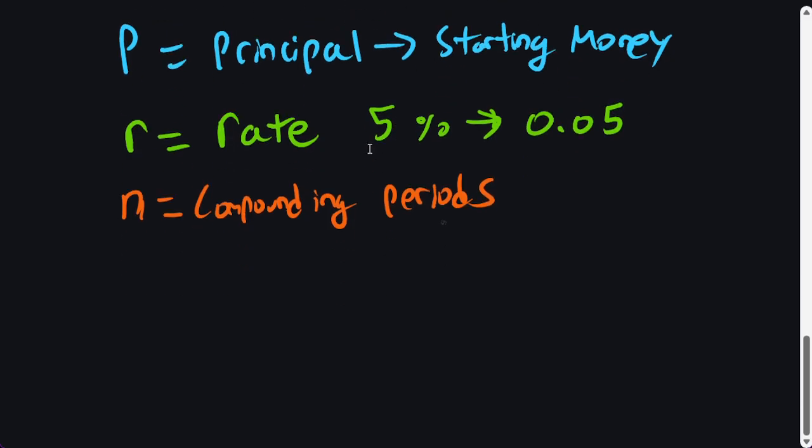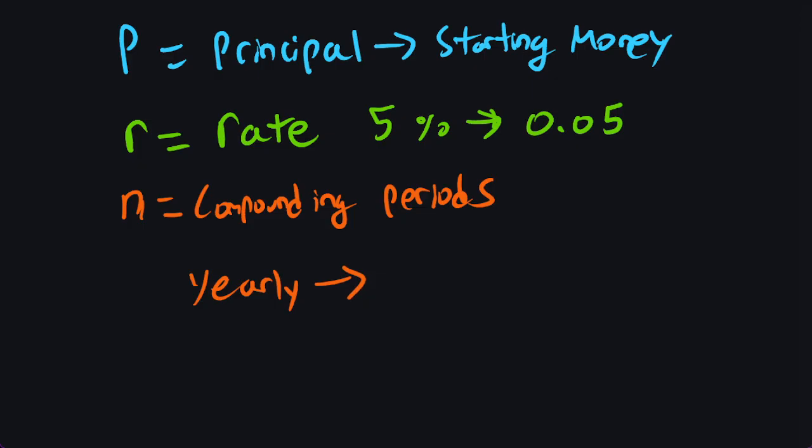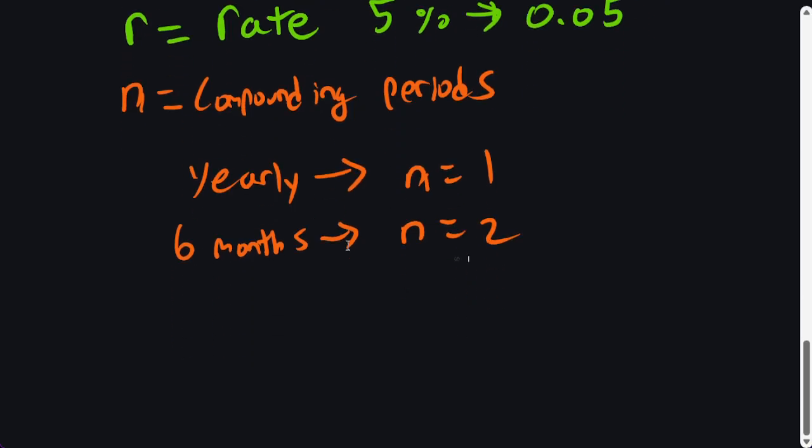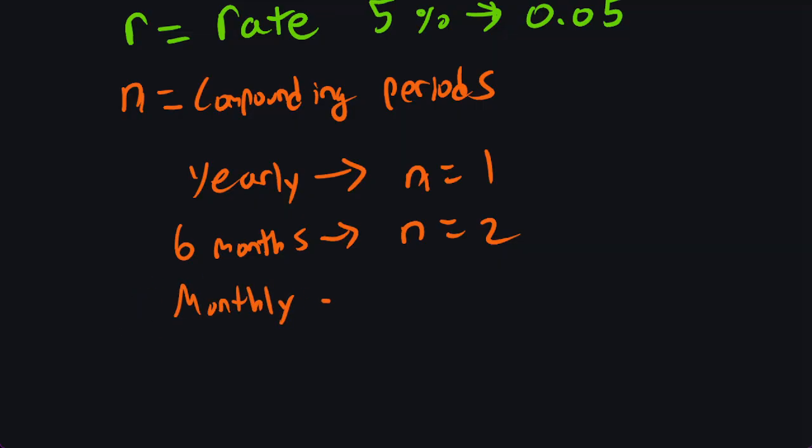So again, if it compounds yearly, then n equals 1. It just compounds once a year. If it compounds every 6 months, then n is 2. If it compounds every month, so monthly, then n is 12.